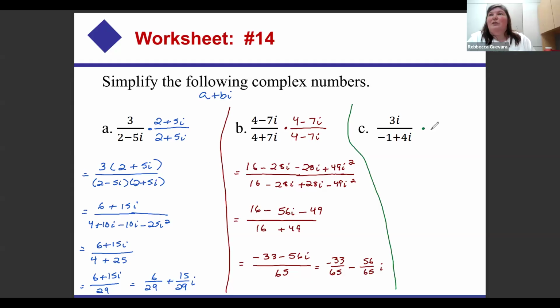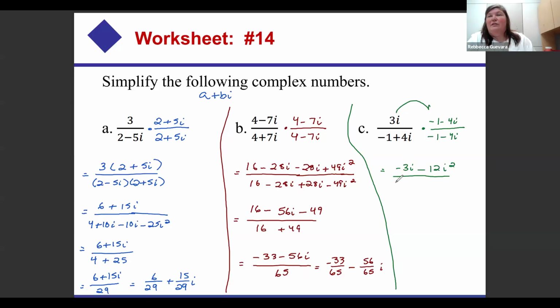And then for my last one, the conjugate is going to be negative 1, negative 4i. So if I multiply this across, I have a negative 3i minus 12i squared.